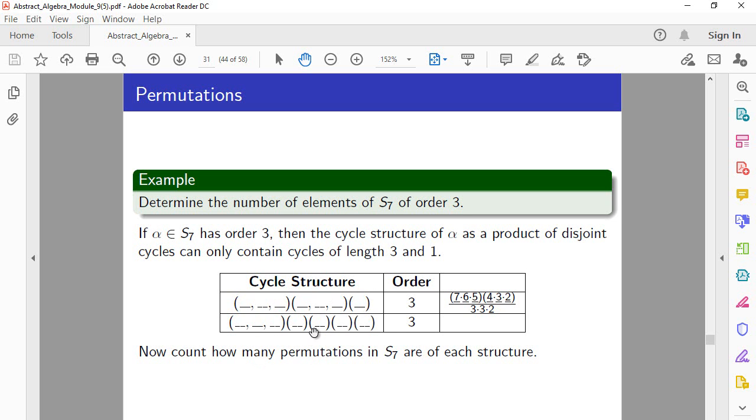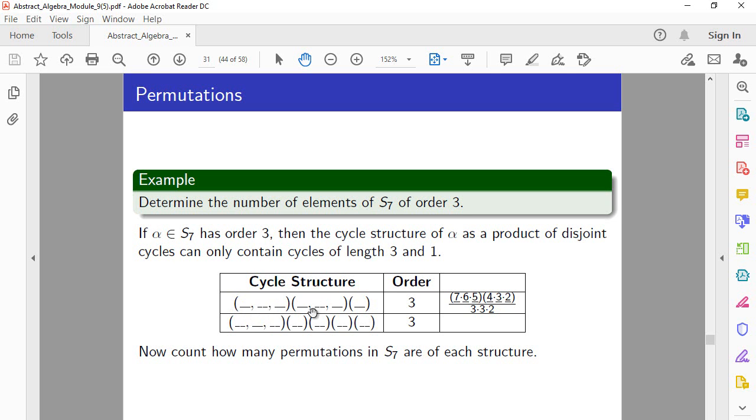Now we don't have to worry about the cycles of length 1, we can delete them. The question is, we want to know how many elements of S7 have order 3. So we need to count how many elements in S7 can have this cycle structure. If we are creating an alpha with this cycle structure, for the first space here we have 7 choices, and then we have 6 choices for this one, and then we have 5 choices here.